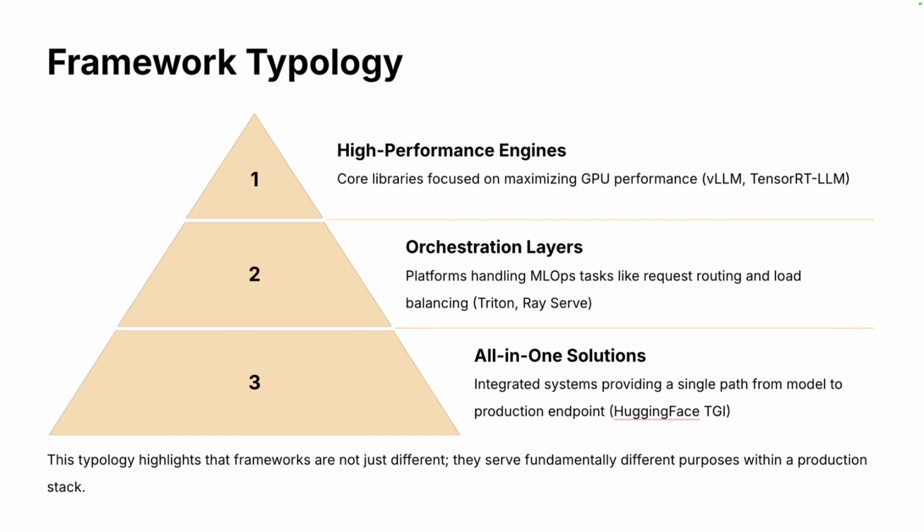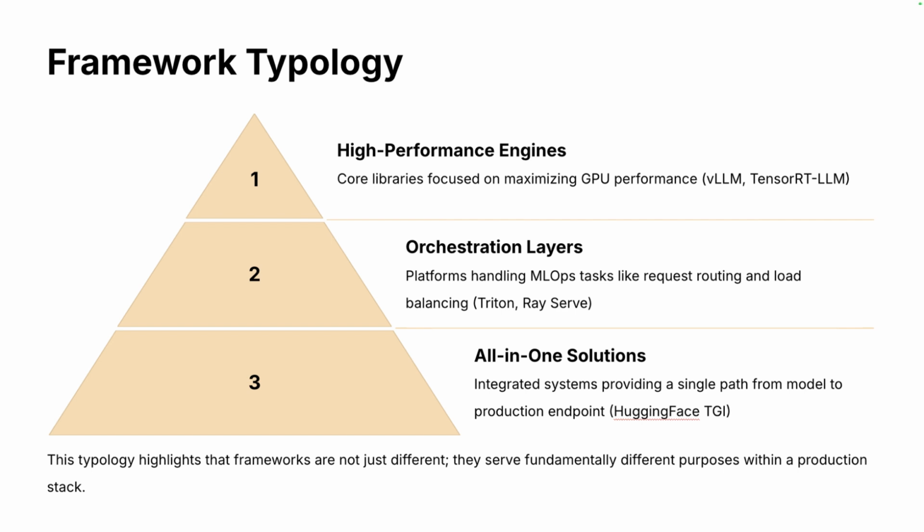Then we have the orchestration layer, things like Triton and Ray. These tools and frameworks focus more on the MLOps side, things like request batching, load balancing, and managing model replicas. They are crucial for scaling LLMs in production and ensuring smooth operation under real-world traffic. And finally, we have all-in-one solutions, things like Hugging Face TGI.